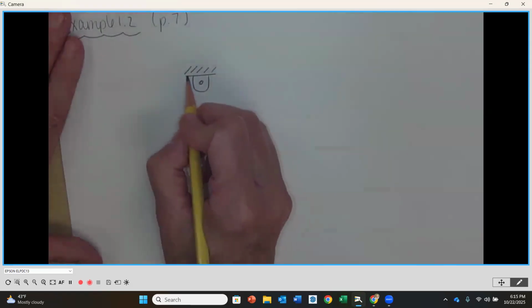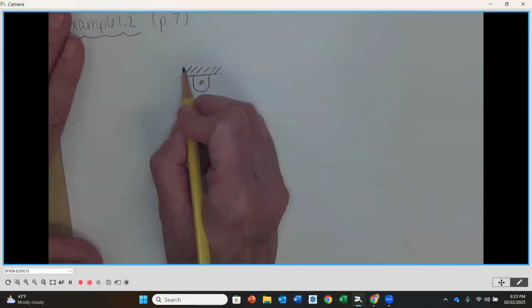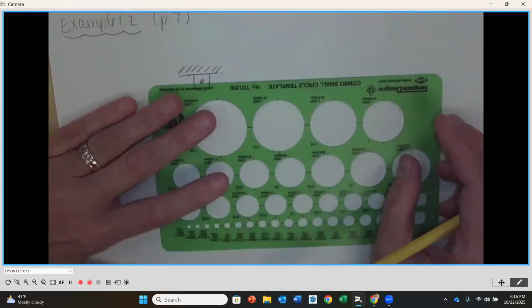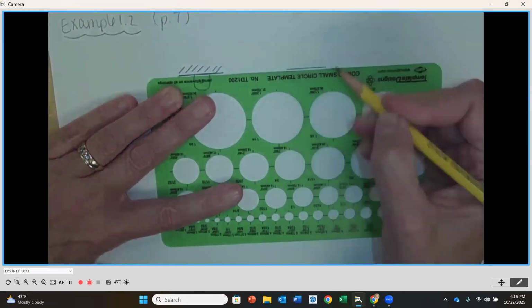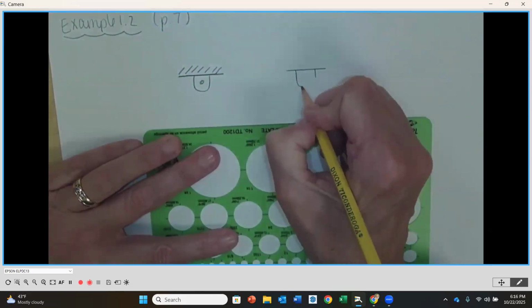Okay, does that make sense? That way, this hatching is not down below where I'm going to be drawing other elements. Okay, and they're pretty in line with one another.